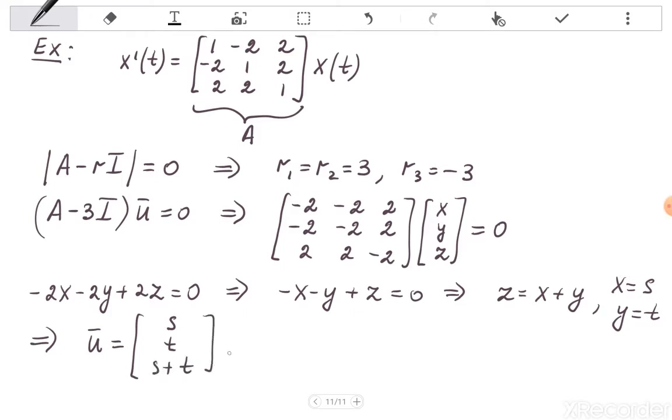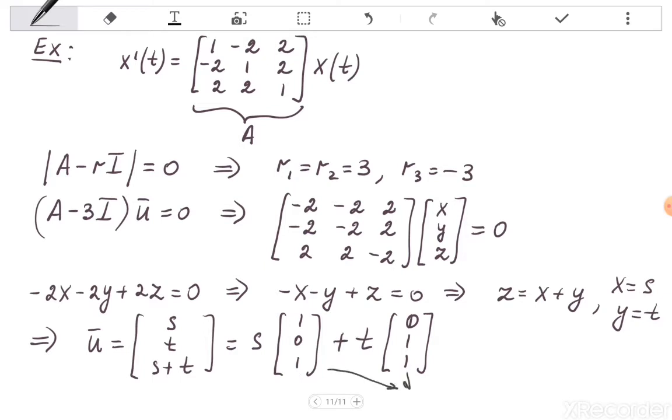So we can split it into s times (1, 0, 1) plus t times (0, 1, 1). So you can see that there are 2 parameters and 2 vectors here, and you can check that these 2 vectors are linearly independent.